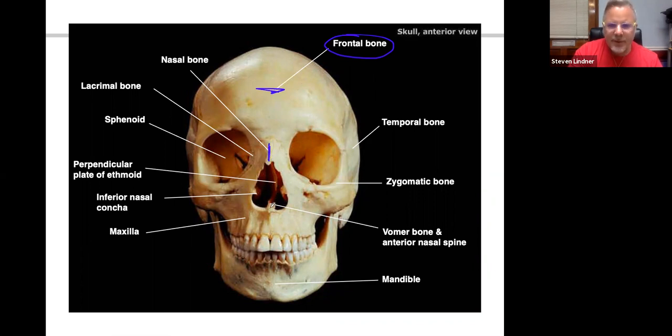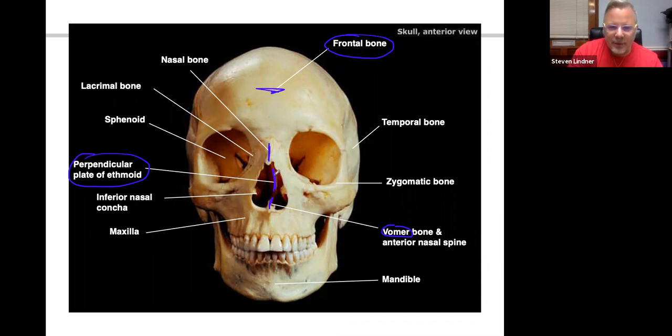Now, if you look at the nose right here, this bottom portion is called the vomer. As we go a little more superior, that's called the perpendicular plate of the ethmoid. It's kind of like a continuation of the vomer.